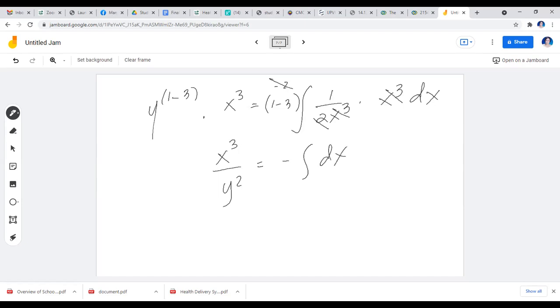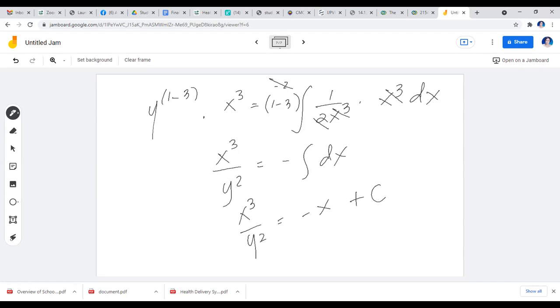So -2 is cancelled with this 2. Your x cubed is cancelled with the x cubed of the phi. So there's no function of x expression here except a constant, which is -1, coming from the -2 in here. So you have x cubed over y squared equal to -x plus c.